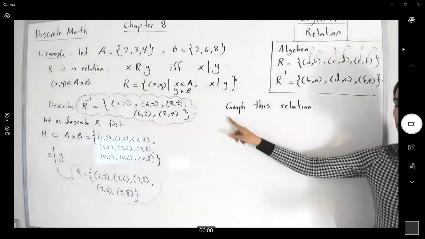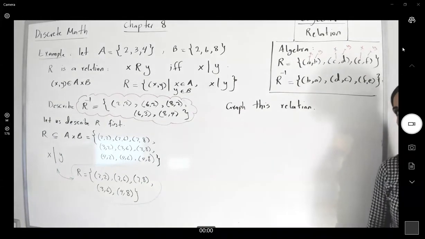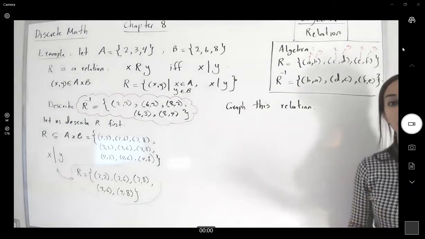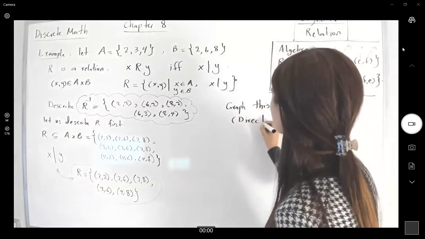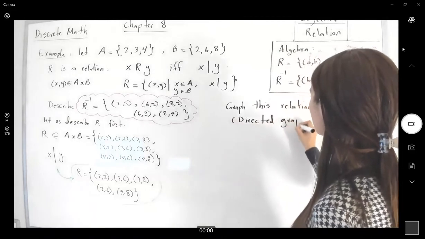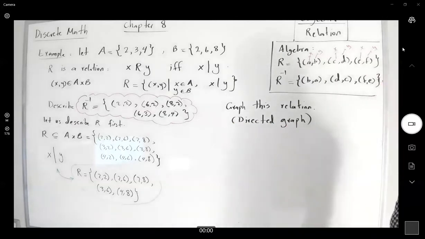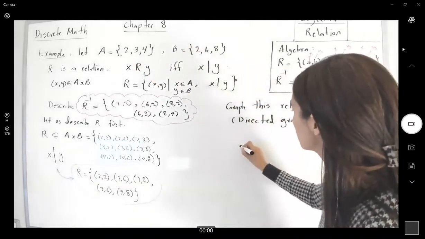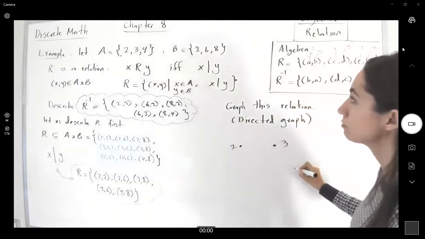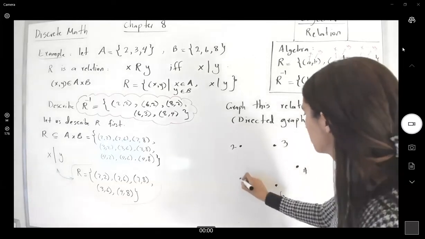The second part says, hey, graph this relation, visualize this relation. Actually, we call this a directed graph. So the official name for it is directed graph. Well, how does it work? Okay. We're going to list all elements in A and B: 2, 3, 4, 6, 8.